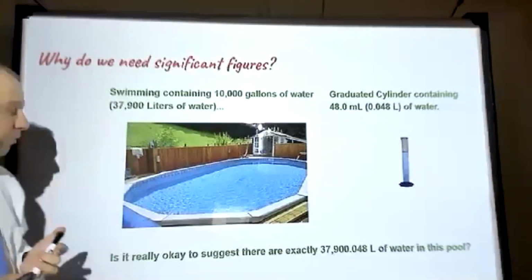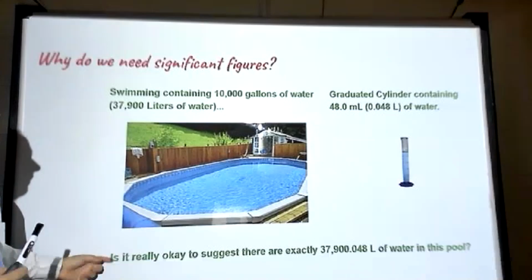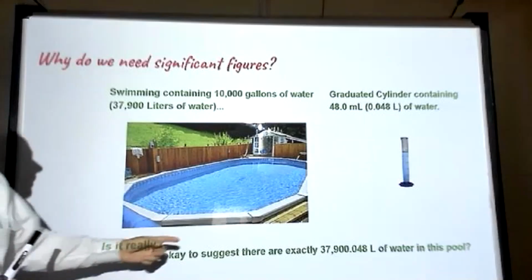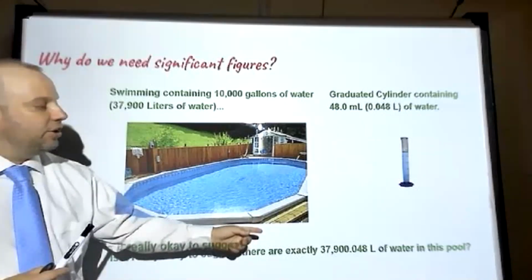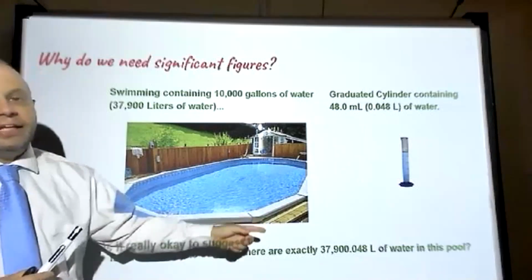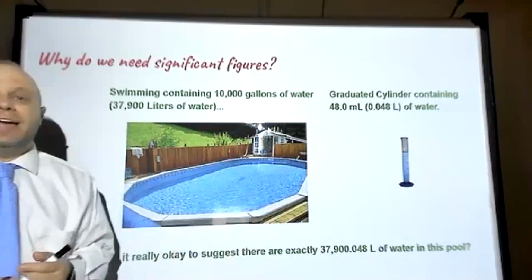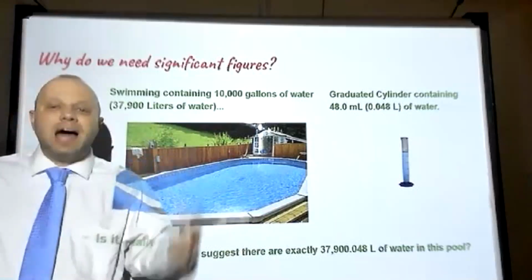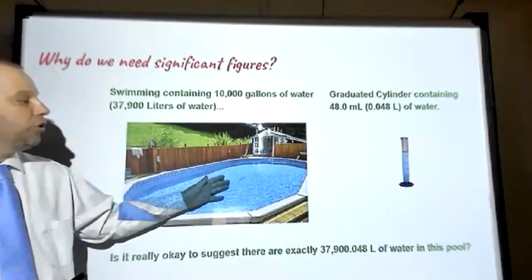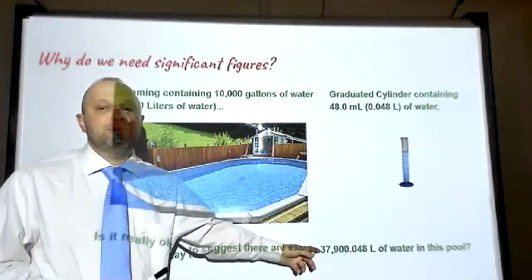Now, here is my point. Is it okay to suggest that there are exactly 37,900.048 liters, that's converting milliliters to liters, of water in this pool? And the answer to that is absolutely not. You could never report the volume of this pool to this level of precision.